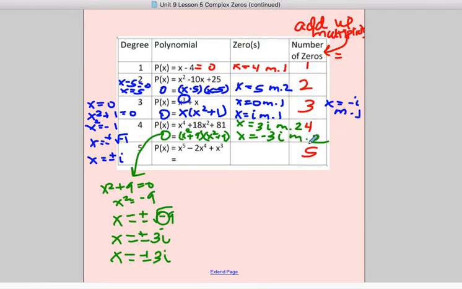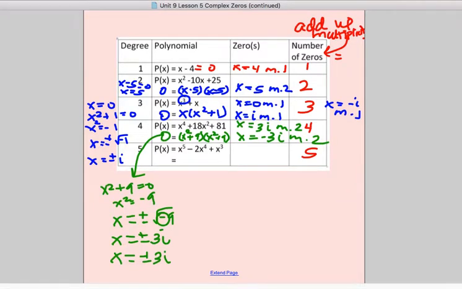Okay, and then the last one, 5th degree polynomial, setting it equal to 0, and I would factor it. Look for GCF. This one has a GCF of x to the 3rd. Then I would have x squared minus 2x plus 1. I'd have x to the 3rd, and then I would try and factor this using multiplying to 1 but adds to negative 2, so x minus 1, x minus 1 multiplies to 1, adds to negative 2, so that's good.